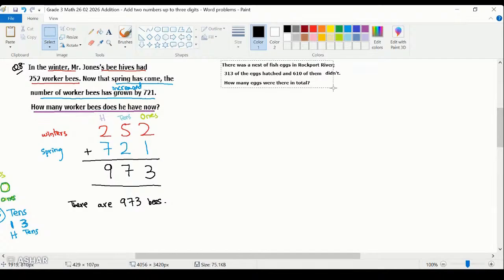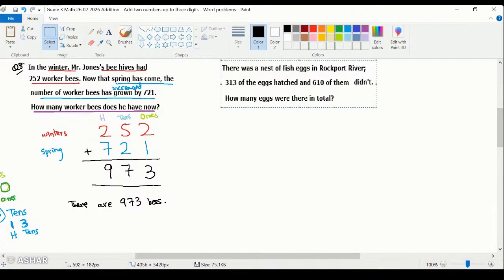There was a nest of fish eggs in the river. Question number 9. 313 of the eggs hatched and 610 of the eggs did not hatch. They're asking us how many eggs were there in total.